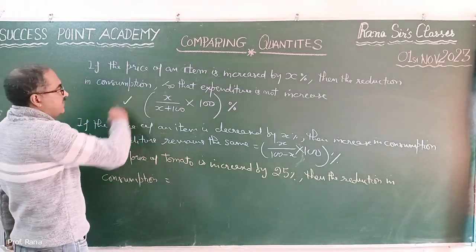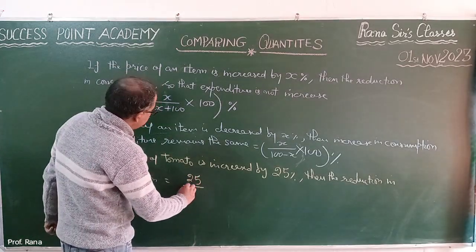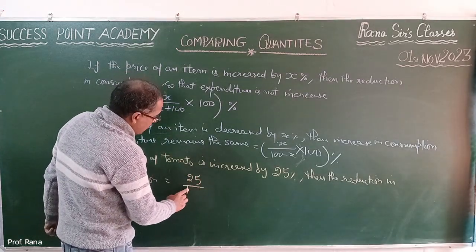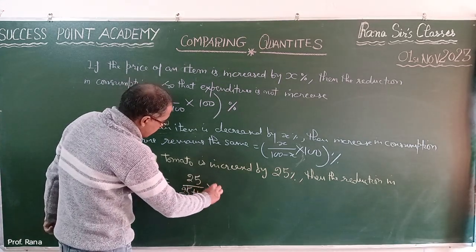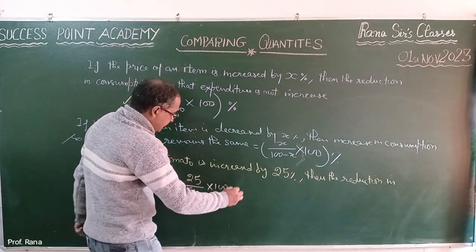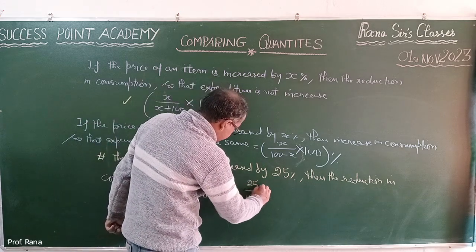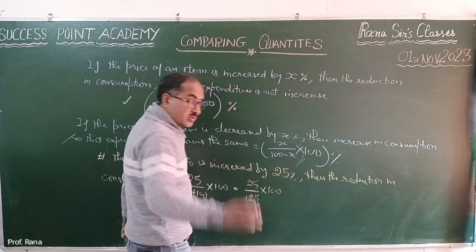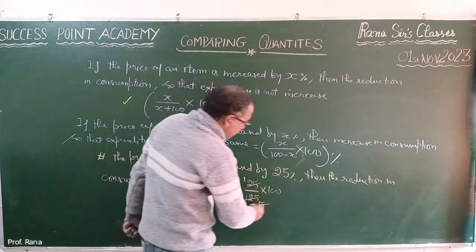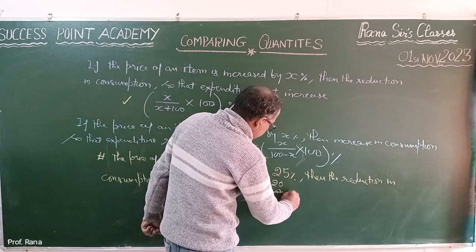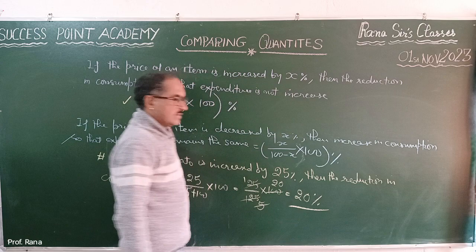Apply the first formula. X is what here? 25. So 25 upon 25 plus 100 into 100. It will be 25 upon 125 into 100. 25 5s are 125 and 5 20s are 100, it will be 20% answer.